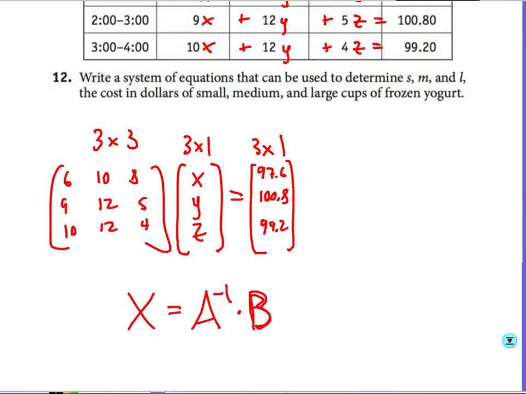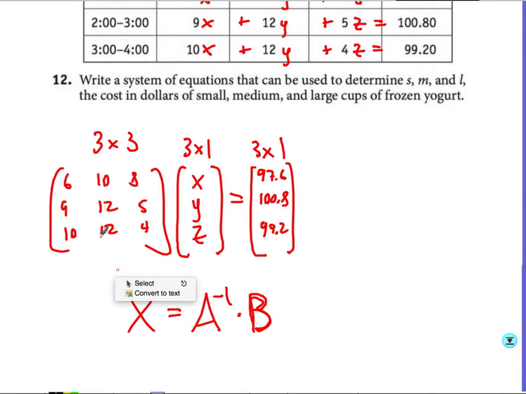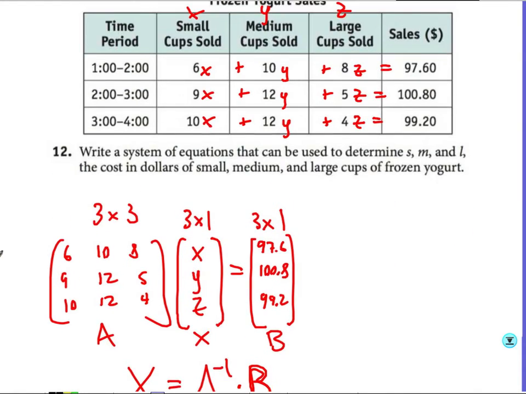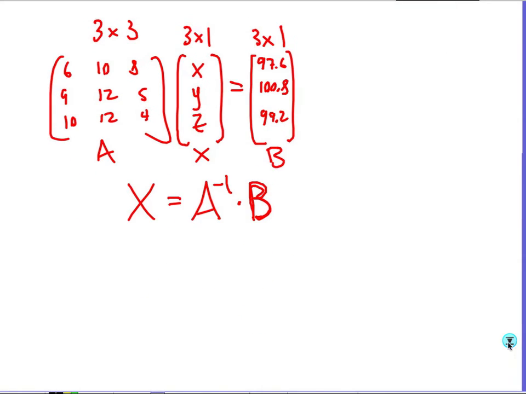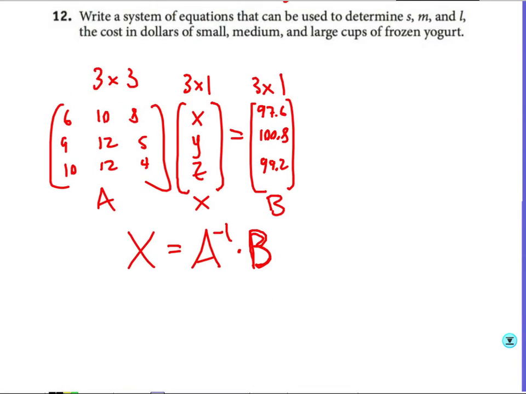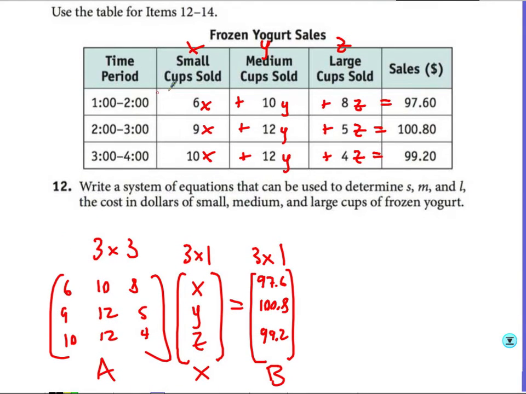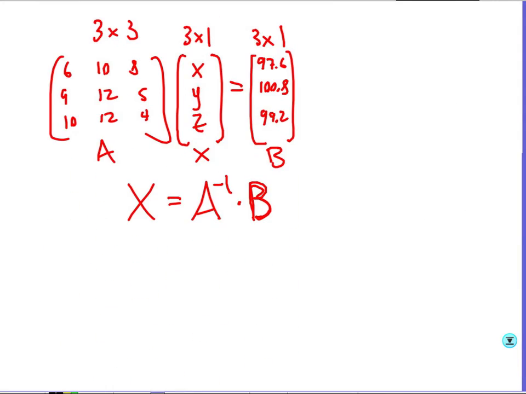So this is matrix A right here. This is my X and this is matrix B. Now, I did not have to go ahead and set this up. All I had to do was just know what my matrix A is going to be, which are these coefficients right here, and write the inverse of it.